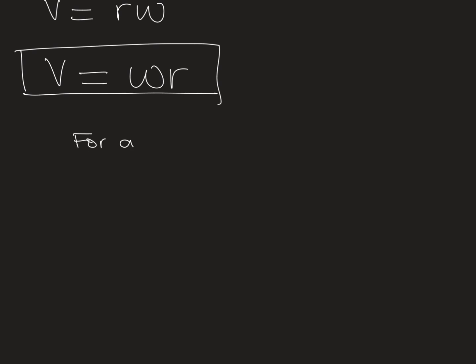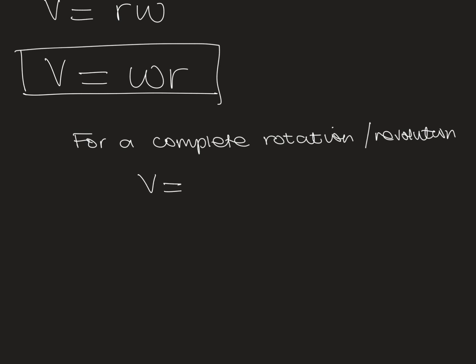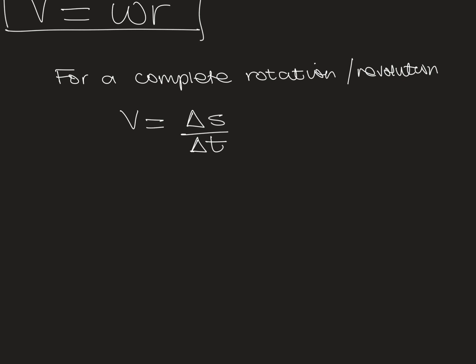For a complete rotation, or you can call it revolution or oscillation, it doesn't matter. If we use V is equal to change in the displacement divided by change in time, so for a body that performs a whole circle or one complete rotation, the length of the arc becomes the whole length of the circumference.